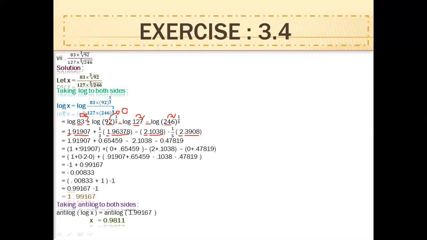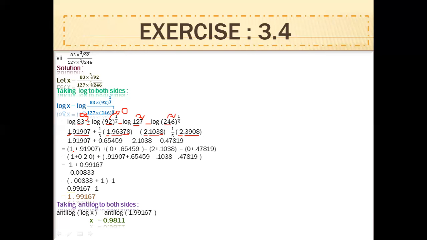The first number will be the same, which is 1.91907. The second number becomes 0.65459. The third number becomes minus 2.1038 and the last number becomes minus 0.47819.